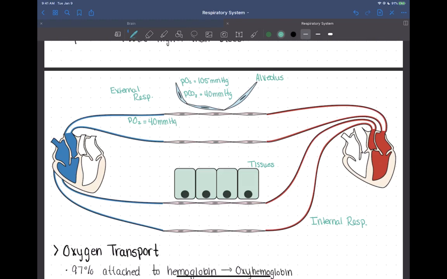So definitely lower than that 105. All right, and so what's going to happen is this oxygen is going to move from high to low pressure. All right, so the O2 is going to move into the capillary until that capillary reaches a PO2 of 105.